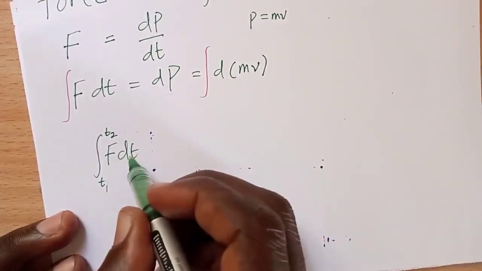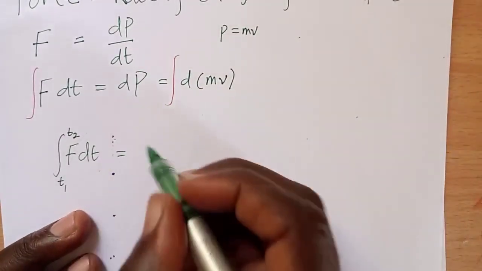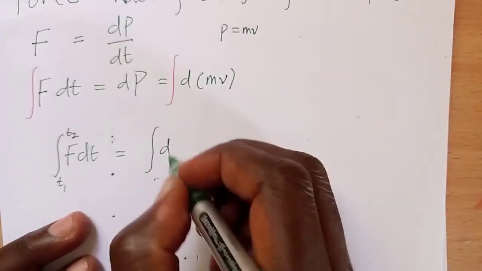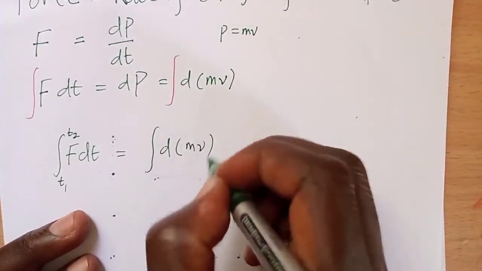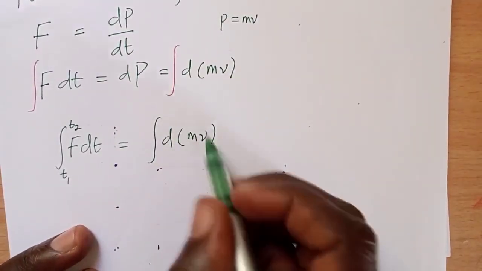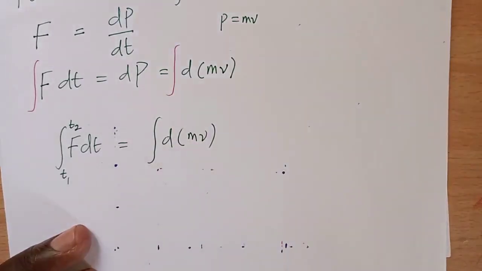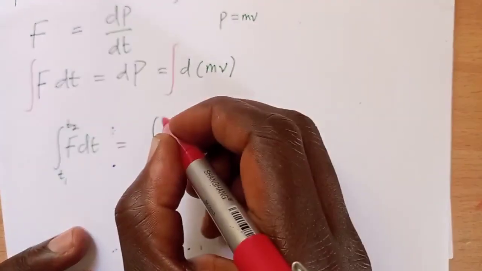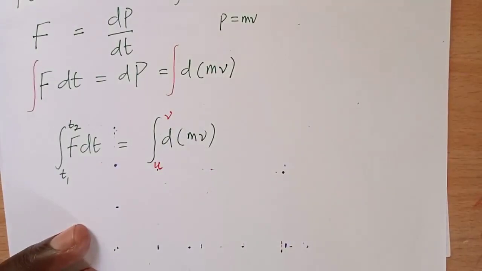You can see F times dt. This is a measure of impulse. And then on the left hand side, you have the integral of d of mv. But we know that mass is a constant. So for momentum to change, it means velocity has to change. And the velocity changes from u to v.